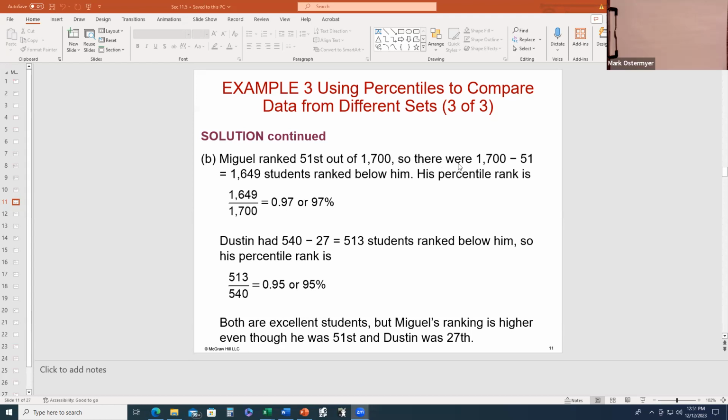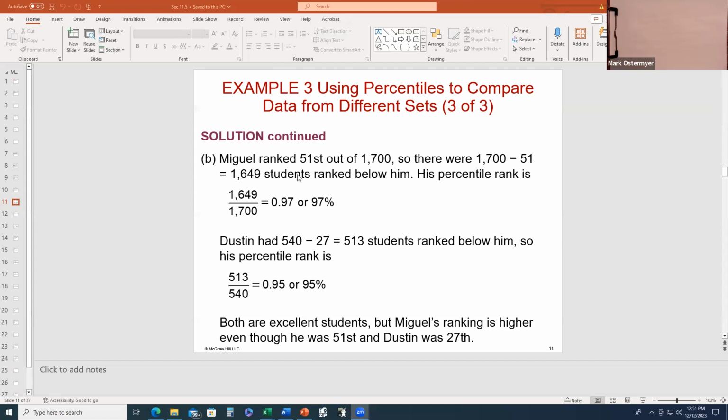And so therefore, there must have been 1,700 minus 51 or 1,649 students that ranked below him. Does that make sense? If he ranked, okay, from a ranking list, rank number 1, rank number 2, rank number 3, rank number 4, he was 51 down on the list of 1,700 students.